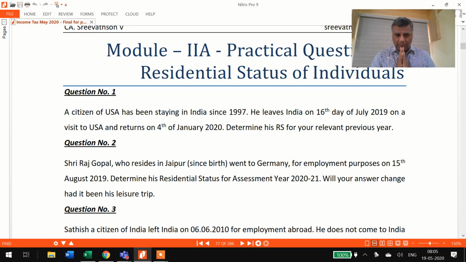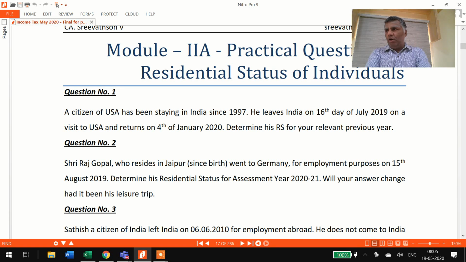Question number 1. A citizen of USA, not at all our concern, has been staying in India since 1997. He leaves India on 16th July 2019 on a visit to USA and returns on 4th January 2020. Determine his residential status for the relevant previous year. Read through the question.